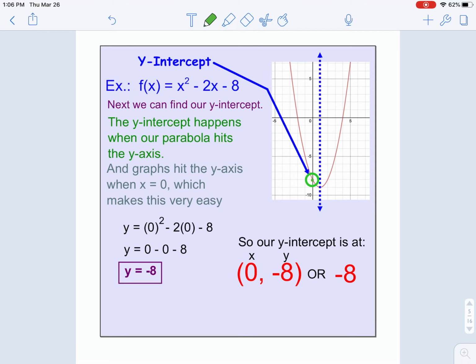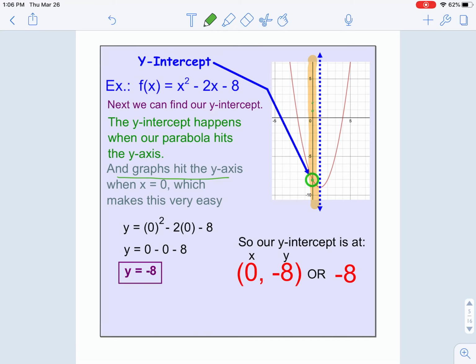Our y-intercept, to remember, is this point right here where our graph is going to hit the y-axis. Anytime I graph something that's directly on this line, I know that x equals 0. Why does x equal 0?